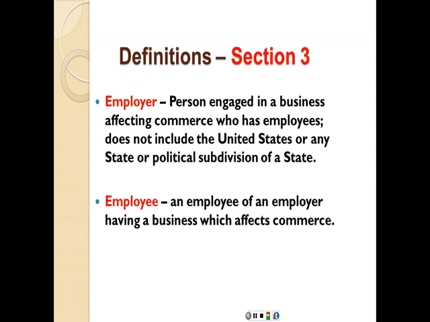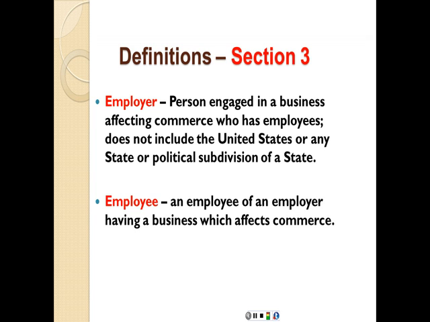Some definitions, as they appear after Section 2: employer and employee. Who's the employer and who's the employee? That appears in Section 3. The employer is the person engaged in a business affecting commerce who has employees. It does not include the United States, the federal government, or any state or political subdivision of a state.